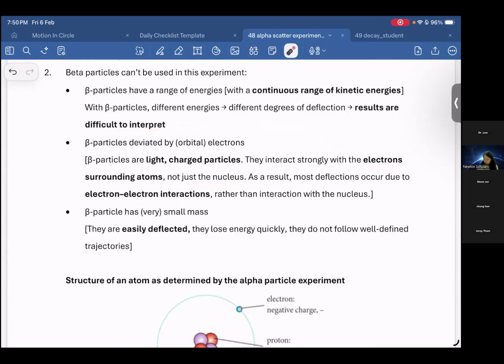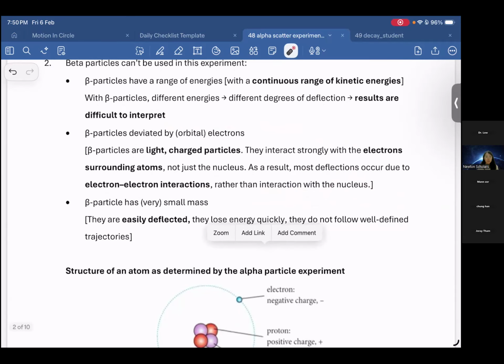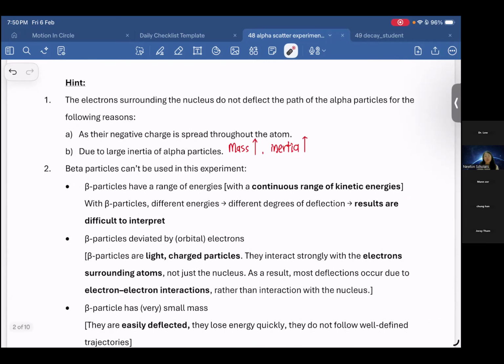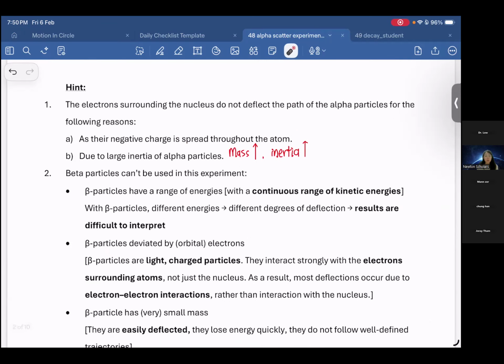As a result, most deflection occurs due to electron-electron interaction rather than interaction with the nucleus. So this is not what we want. One more reason is that beta particles have a very small mass. They will be easily deflected, lose energy quickly, and do not follow a well-defined path. This is extra knowledge for us to know why we use alpha, not beta.